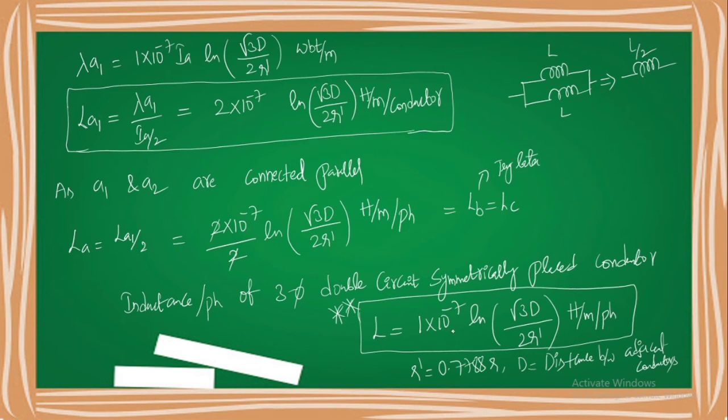It is 1 into 10 power minus 7 ln of root 3 D divided by 2 R dash Henry per meter per phase. This expression is derived by using flux linkage method. By using flux linkage method, from the basics of magnetostatics, we have determined this expression.